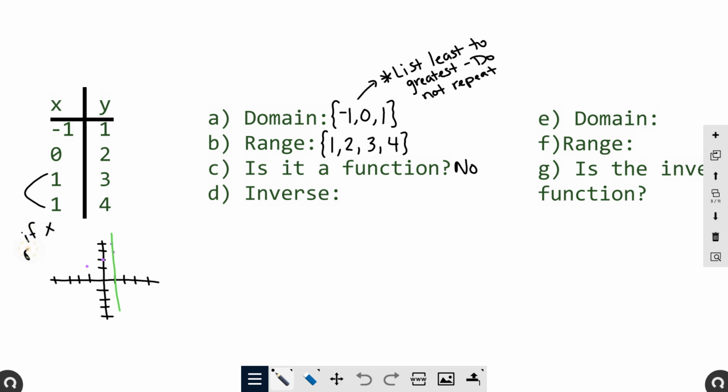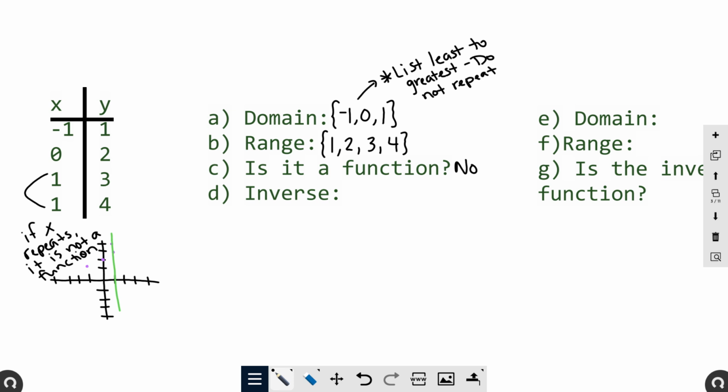If x repeats, it is not a function, because it would not pass that vertical line test. So that's a quick way. So do you have to graph it and test it with a vertical line test? No, just look at your x values. If the x values repeat, it is not a function.